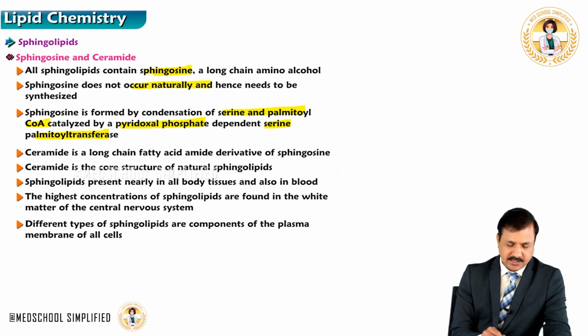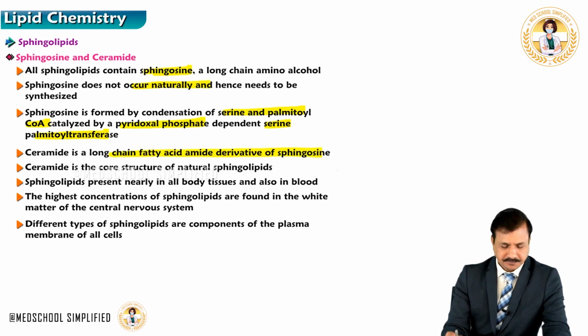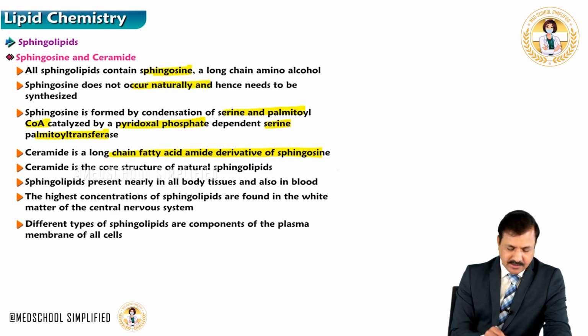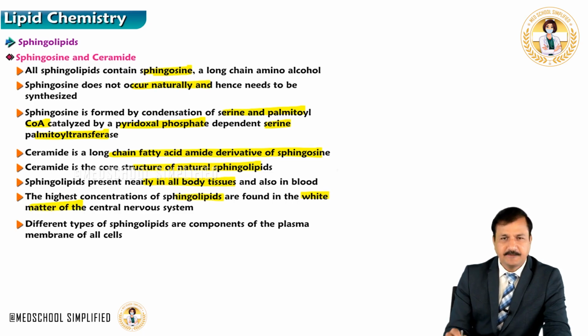Ceramide is a long chain fatty acid amide derivative of sphingosine, and ceramide is a core structure of all natural sphingolipids. Sphingolipids are present in all body tissues, and the highest concentration of sphingolipids is found in white matter of the brain.